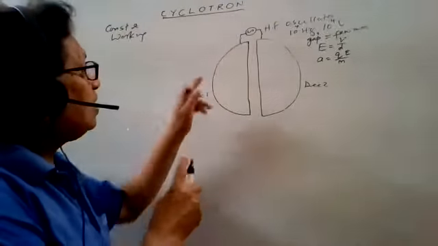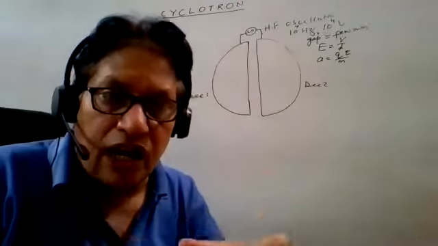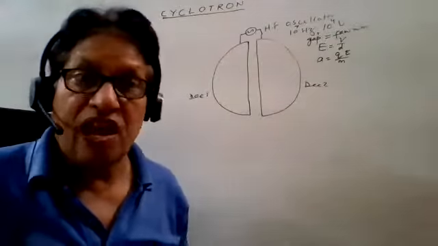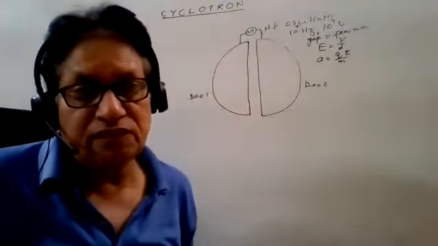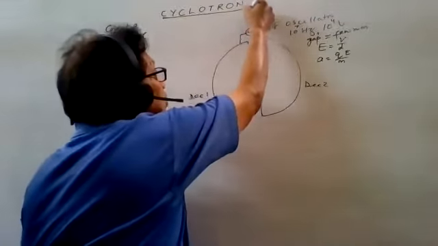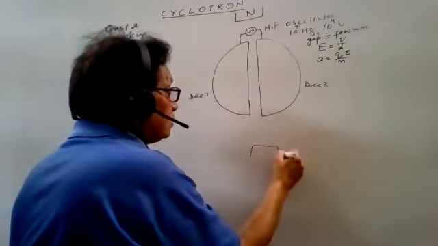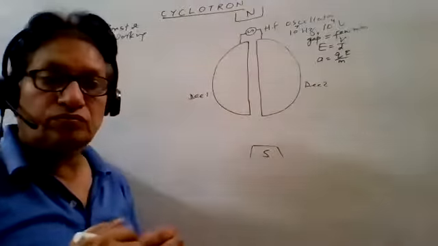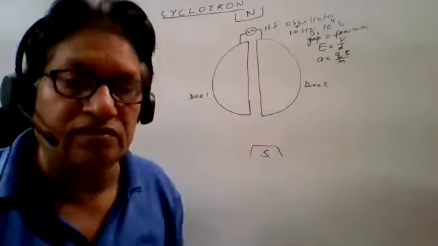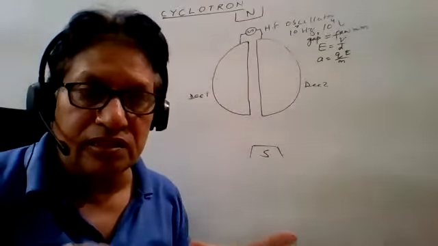Now these two discs are in the horizontal plane, and the magnetic field is vertically downward. Here there is the north pole and here the south pole, so the direction of magnetic field is downward, and both Ds are in the horizontal plane.